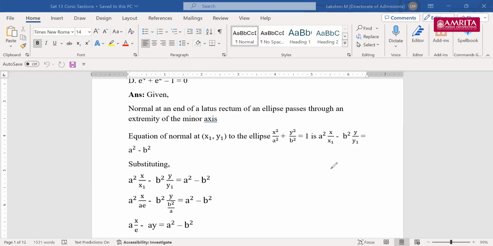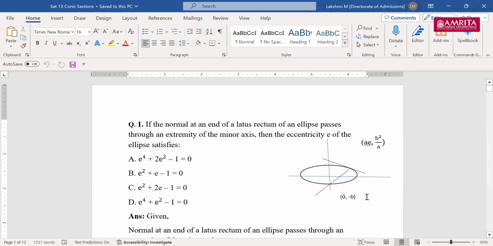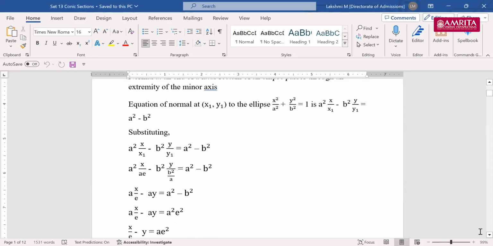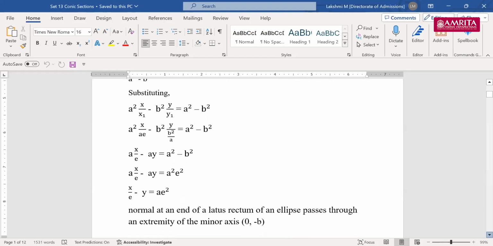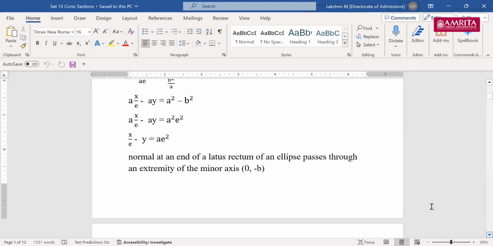You could substitute those values and you'll get an equation in terms of x and y. So here we have a into x by e minus a y equal to a square minus b square.